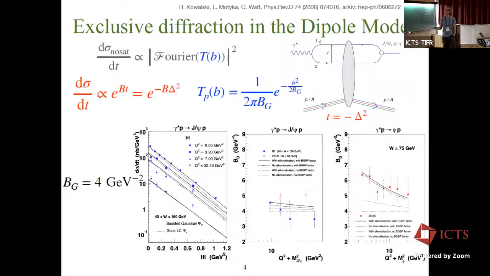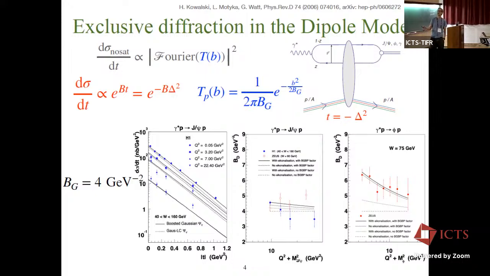So for b-NonSat, with this interpretation that it's the gluon distribution in transverse space, the cross-section is the absolute square of a Fourier transform of the thickness function. And we can measure the t spectrum, where t is delta squared. We see that it becomes an exponential in t.